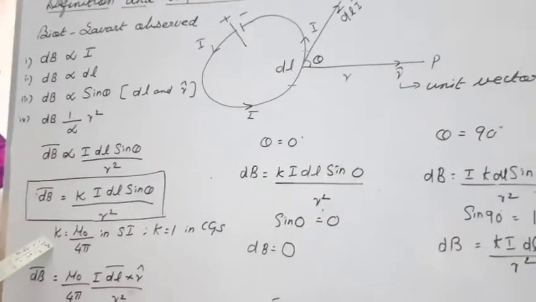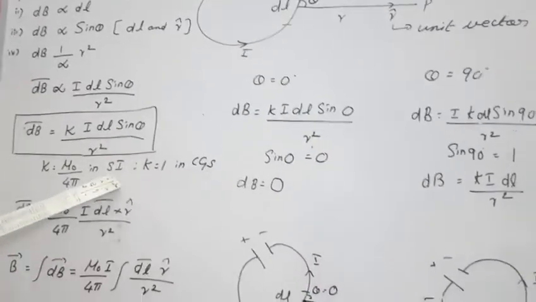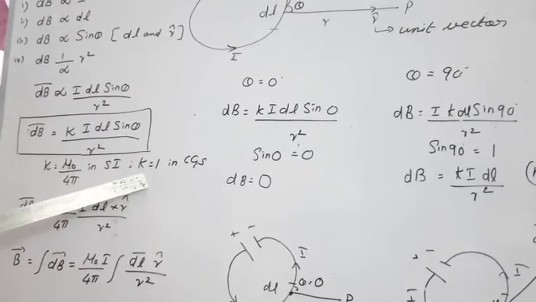Here the k value is mu naught by 4 pi in SI units. In the CGS system, the k value is 1.